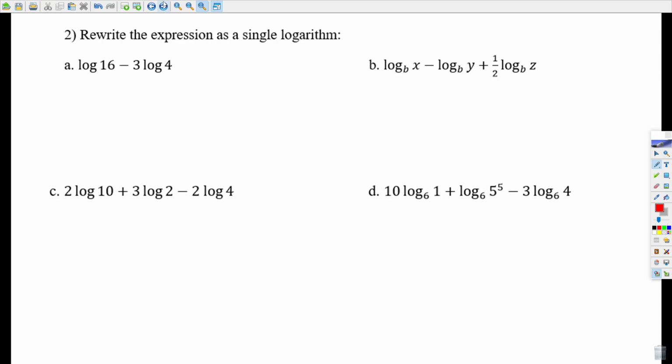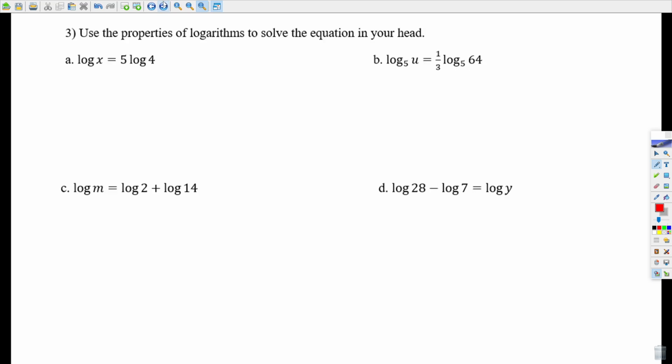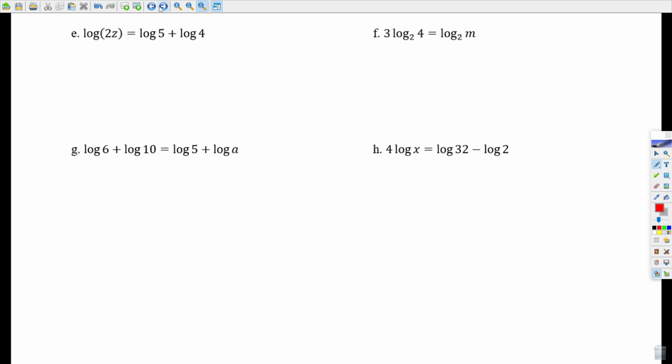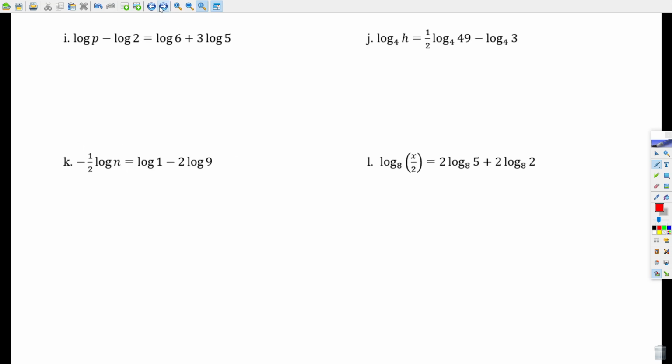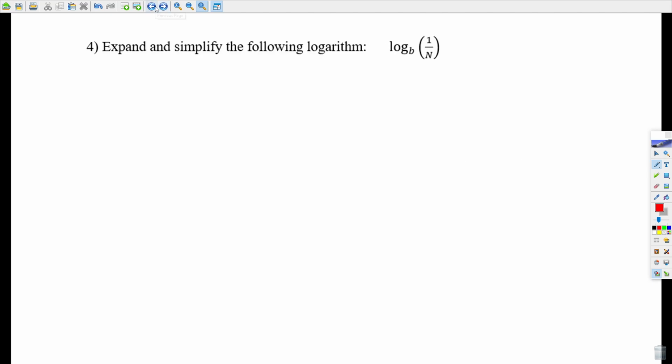Let me do one that might be a little bit more difficult. They don't look too terrible.